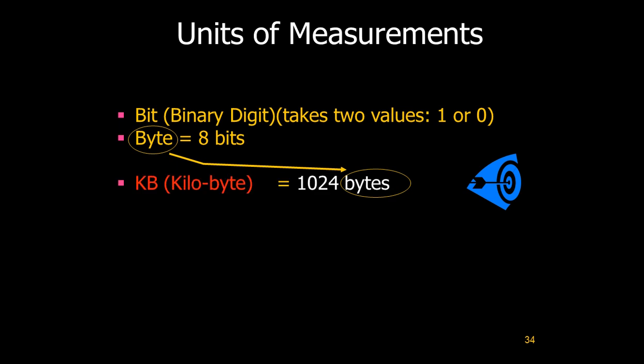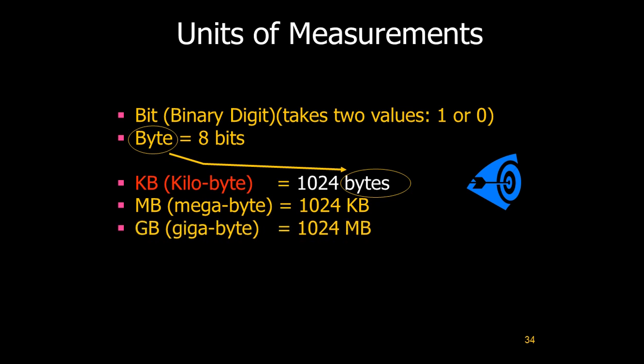A combination of 1024 bytes is a kilobyte. A combination of 1024 kilobytes is a megabyte. A combination of 1024 megabytes is a gigabyte. A combination of 1024 gigabytes is called a terabyte. So like that, as your file becomes bigger, the measurement also becomes bigger.